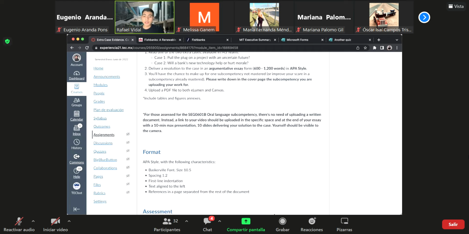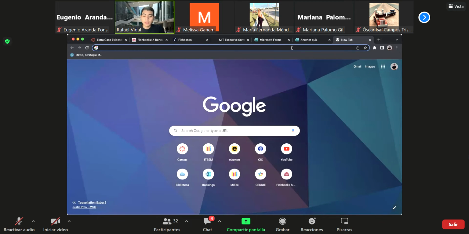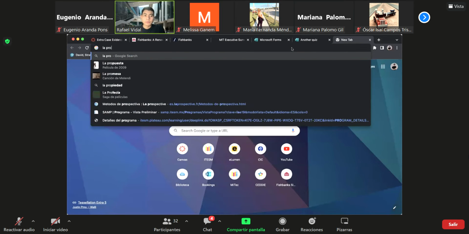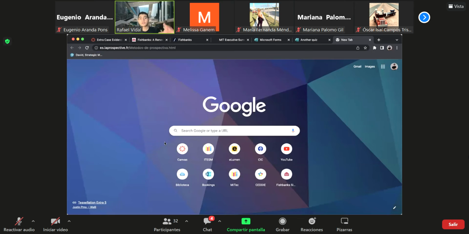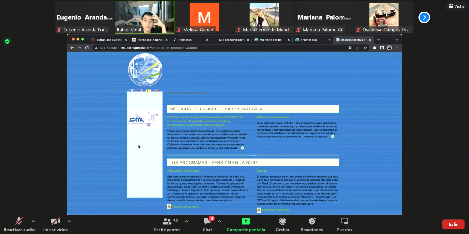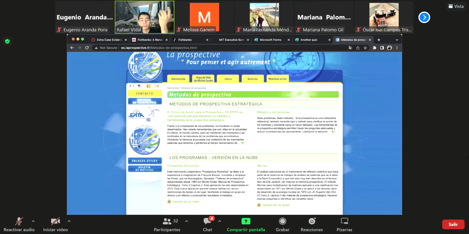I'm going to start with the structural analysis. Remember, the outcome of the structural analysis is to define the strategic variables. We have a lot of variables that we can identify through the Marc-Giger tree method, or we can do the SWOT analysis as well.